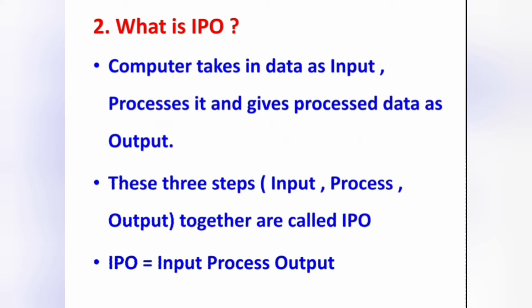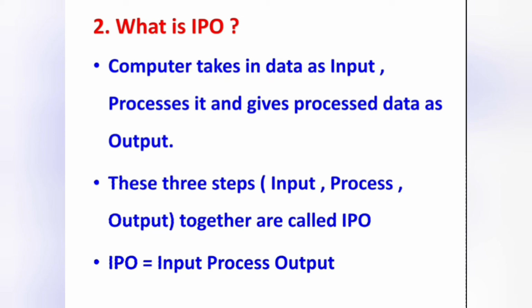Computer takes in data as input, processes it, and gives processed data as output. We can give the instructions, that is, we can give the data as input. So computer takes that information as input, which is given by us.